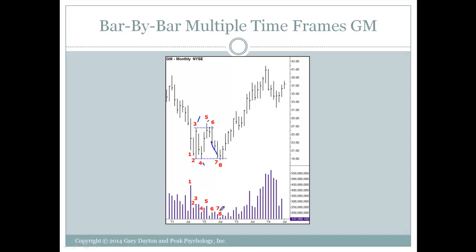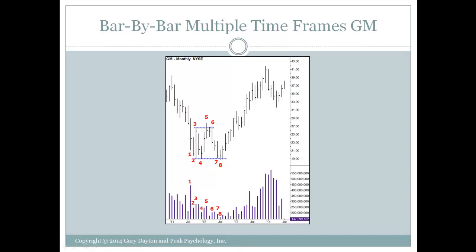Certainly look at 7, it's drying up here. And then at 8, we get a monthly spring. It dips underneath the lows at 2 and 4, and then closes up. And look at the volume. There's no more supply here. So this is a monthly chart, a monthly bottom.